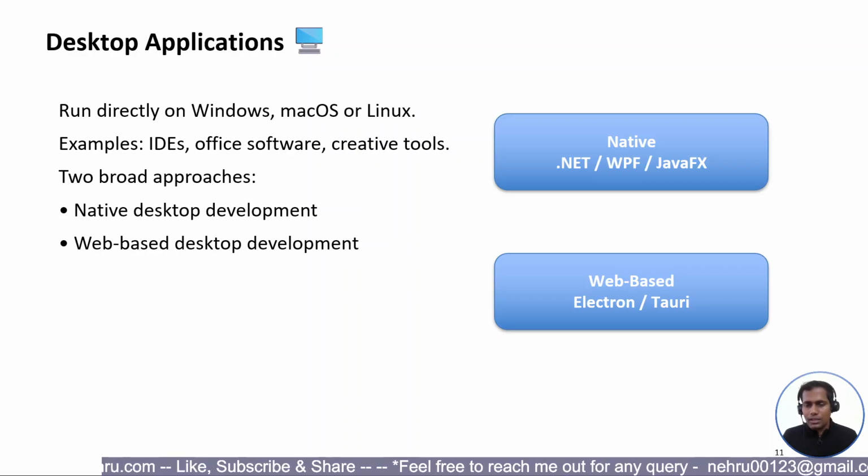These are desktop applications. Desktop applications can also be built in different ways. There are many technologies that support this, such as .NET, WPF, JavaFX. Modern developers can also build desktop applications using web technologies such as Electron and Tauri.